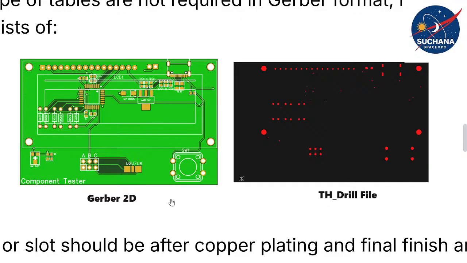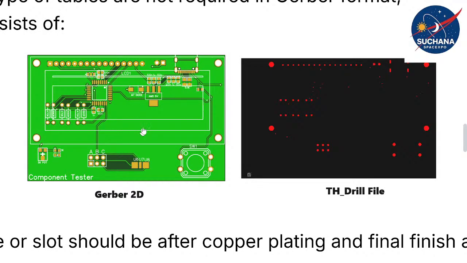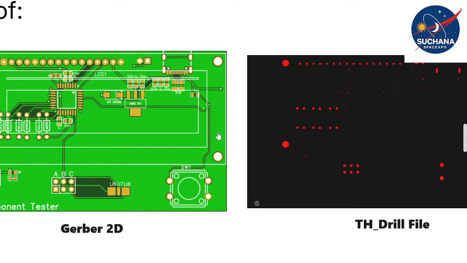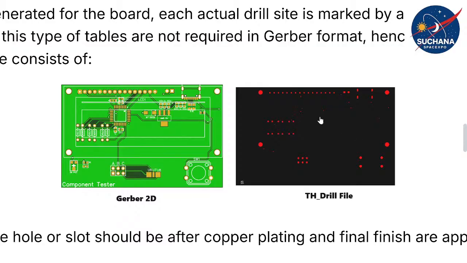When you run the 3D model or 2D model of a Gerber file, this is how it appears. But when you specifically simulate the drill file, this is how it appears. See, these are the drill holes, right? This is also one drill hole. Here we have drill holes. The same information is present inside the drill file. When you simulate the Gerber file directly, this is how the PCB appears for you.